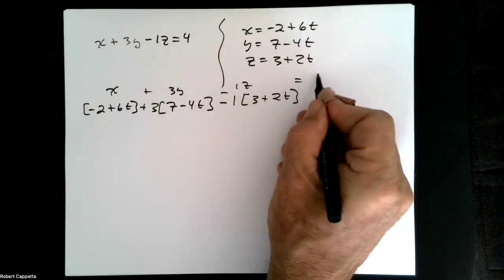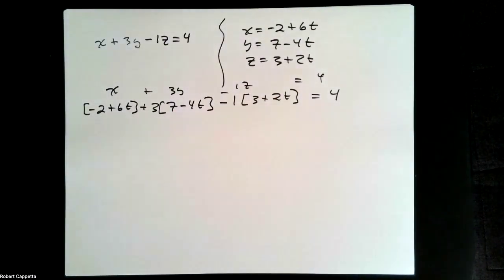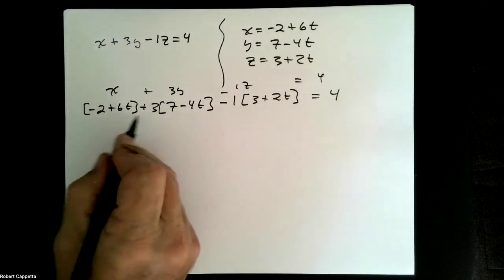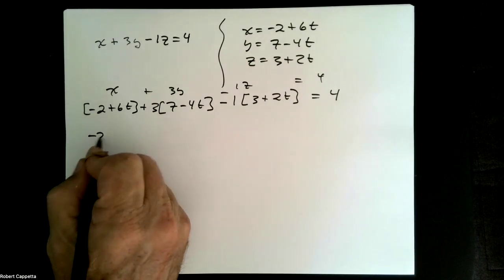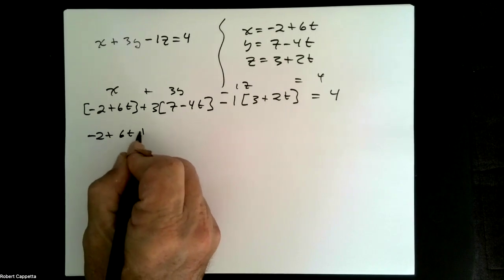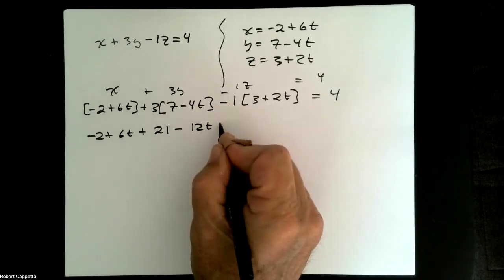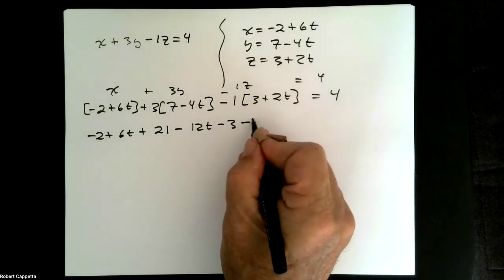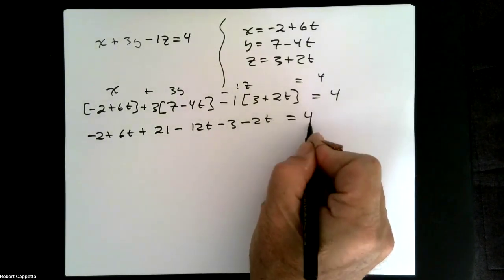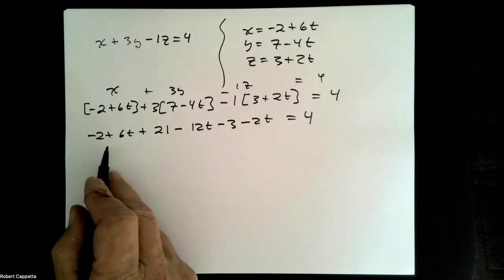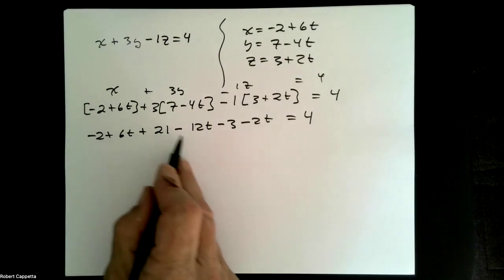That's got to equal 4. And that's just a matter of going ahead and solving for t. So what do we get here? We get -2 plus 6t plus 21 minus 12t minus 3 minus 2t equals 4.